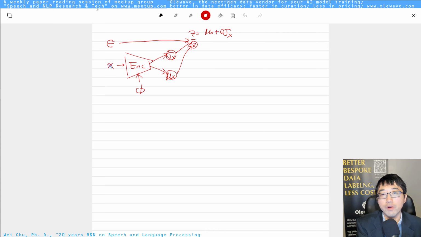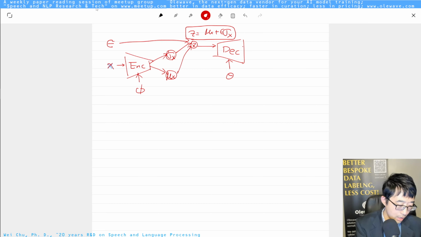It's very important in the VAE, and after this, you pass that through a what? Decoder. The decoder is controlled by the parameter theta, and you get what? The reconstructed x, okay?